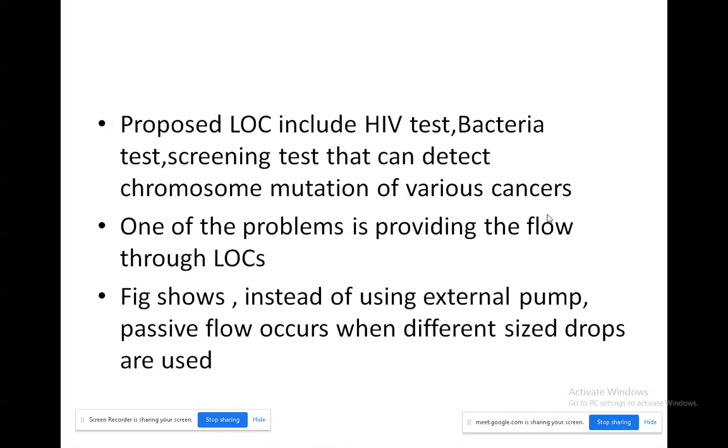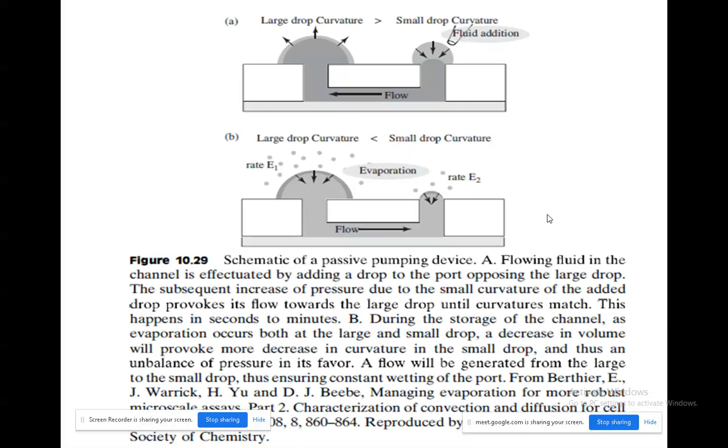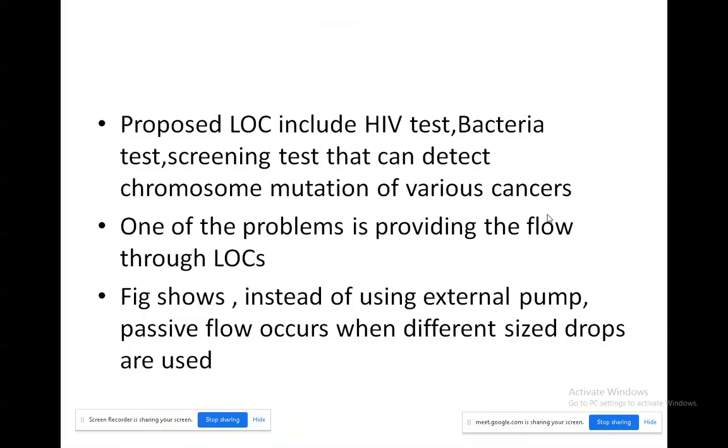One of the problems is providing the flow through LOC. The flow of any medicine will be a little problem. Instead of using an external pump, passive flow occurs when different sized drops are used. That means in this picture the flow of medicine will cause different sized drops, so it will not have equivalent flow.